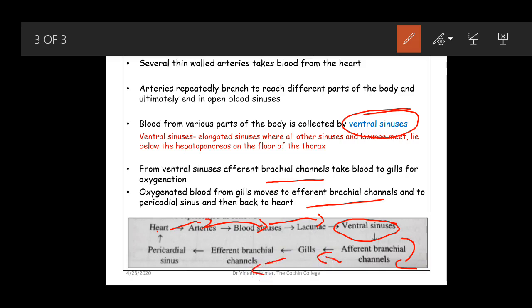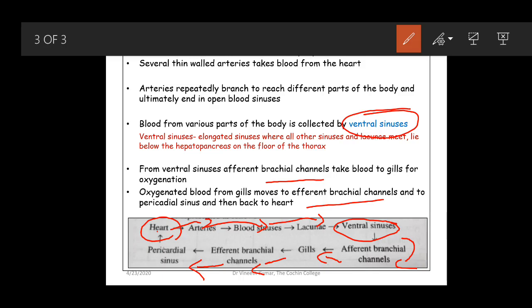Oxygenated blood moves through the efferent branchial channel to the hemolymph cavity beneath the pericardial sinus, enters the pericardial sinus through the pericardial membrane, or the pericardium. It reaches back to the heart, and from the heart, this oxygenated blood again moves to different organs, and then the cycle continues.